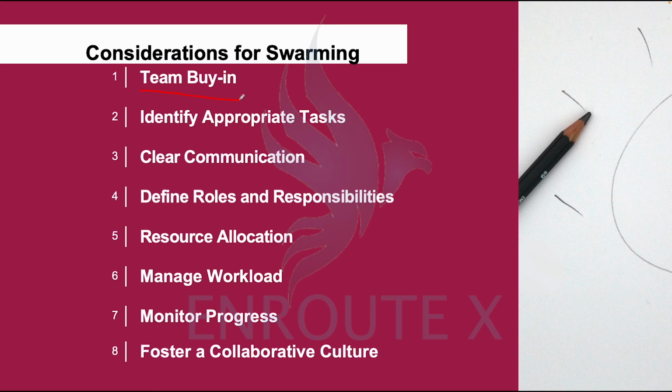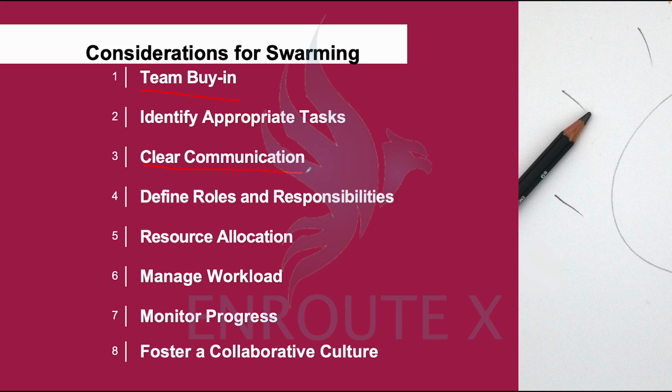You want to identify the task, the bottleneck, the impediment or the challenge you want to use swarming for. Then also you need to have clear communication. How do you engage? How do you communicate so that there will not be conflict, so that two persons will not be working on the same task?